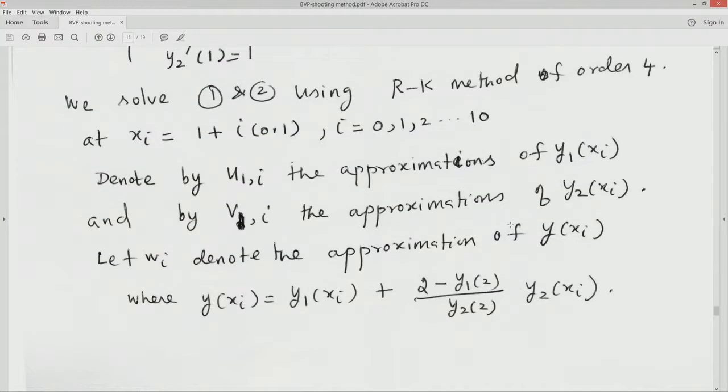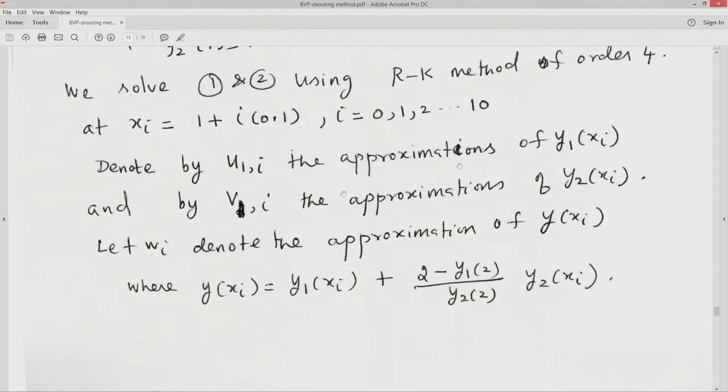How do we do it? We want to use the Runge-Kutta method of order 4 to obtain the solution. So, I shall denote by u1i the approximation of y1 at xi and by v1i the approximation of y2 at xi, and denote by wi the approximation of y at xi.